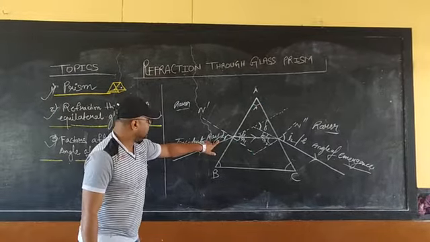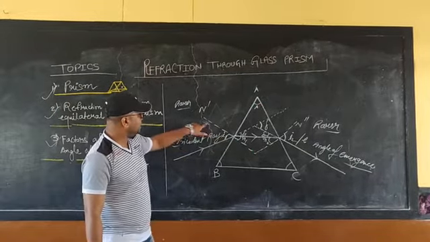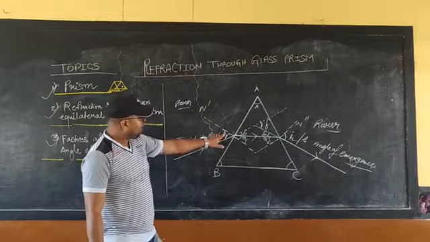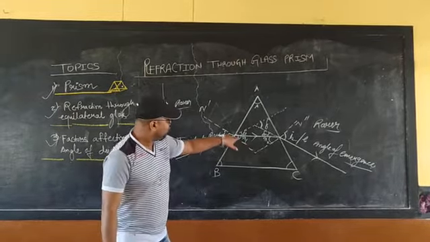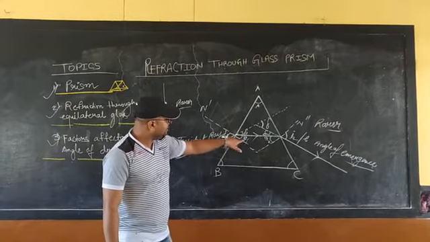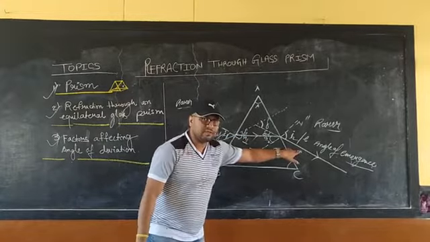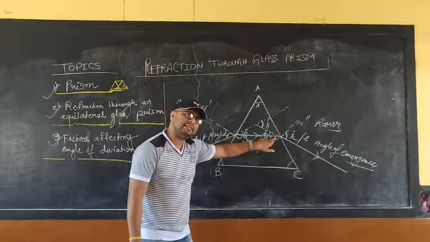Angle of incidence means the angle between the incident ray and the normal. I1, we are denoting it. After refraction from the first surface, we are representing it as R1. Then at the second surface, the refraction takes place, and that is known as R2.